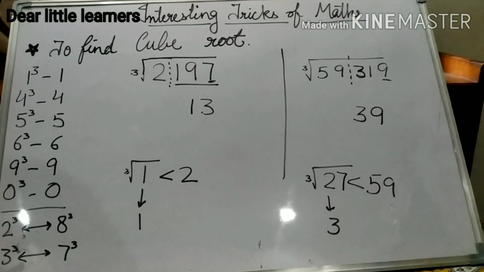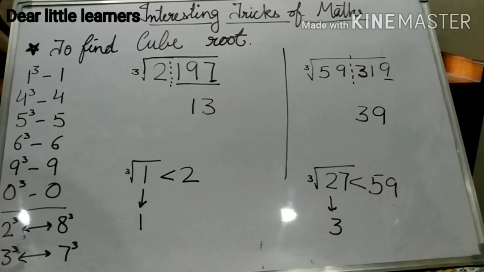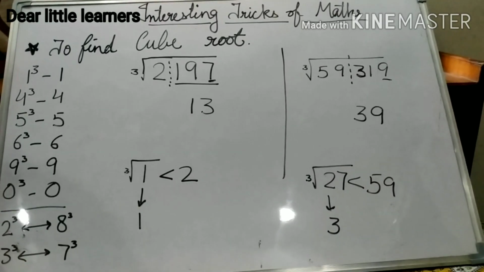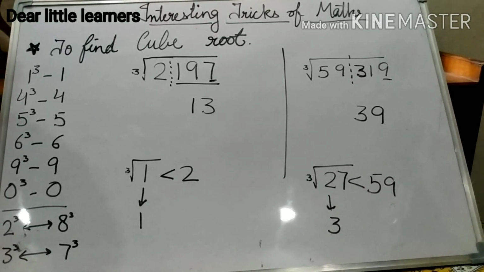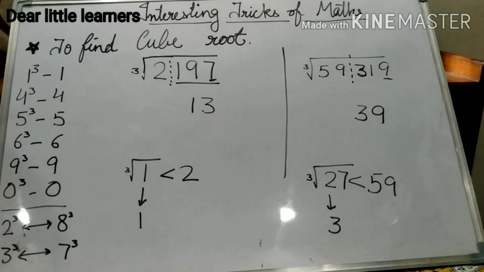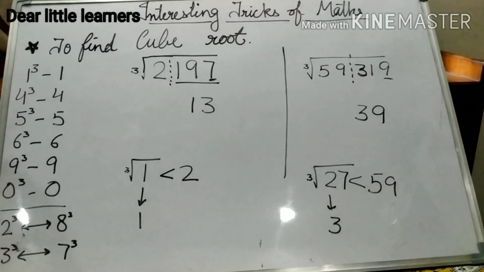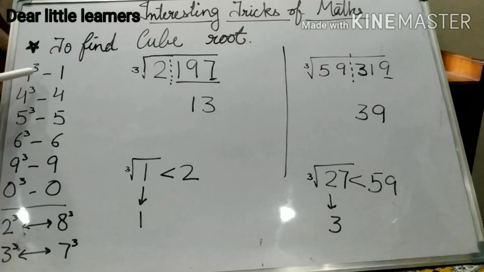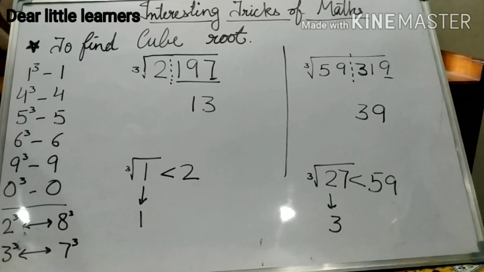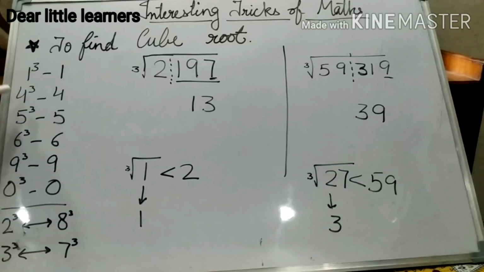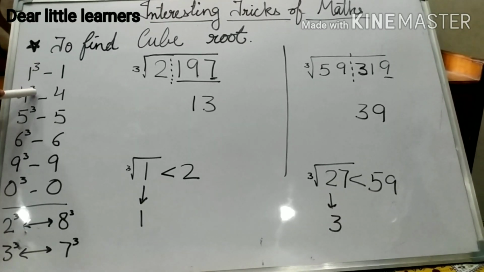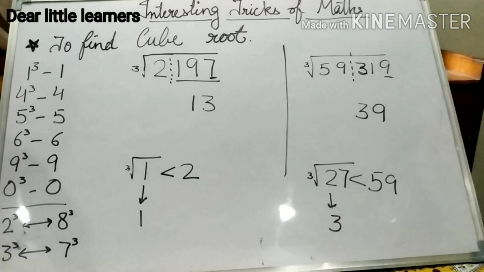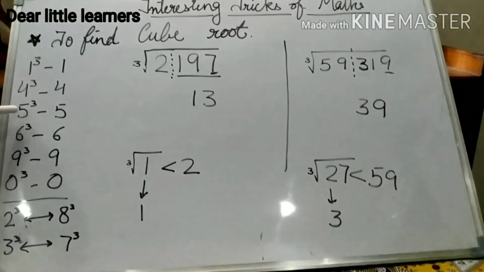Now the next trick is to find cube root. For that, children, one very important thing I am going to tell you, that first of all we will check the cubes of numbers from 1 to 0. When we check the cube of 1, it will be 1 at the last. In the cube of 4 also we will get 4 at the last. 4 4s are 16, 16 4s are 64.